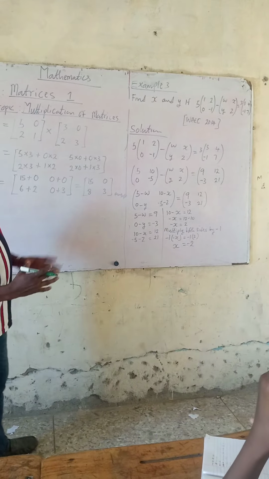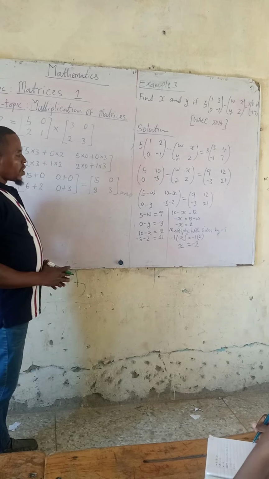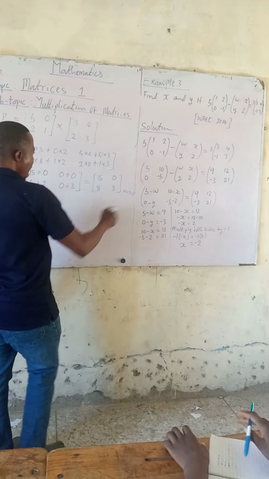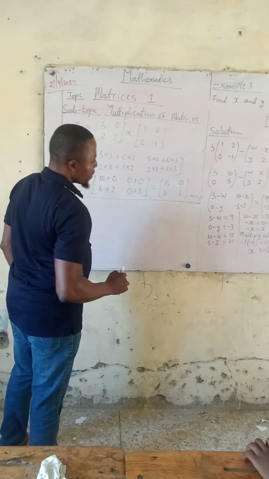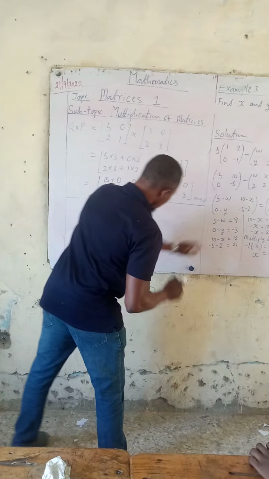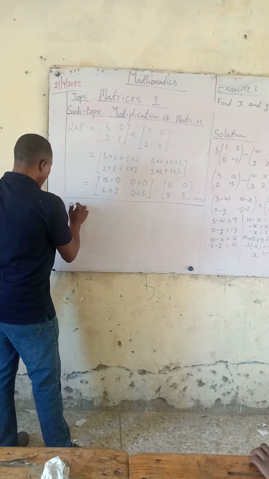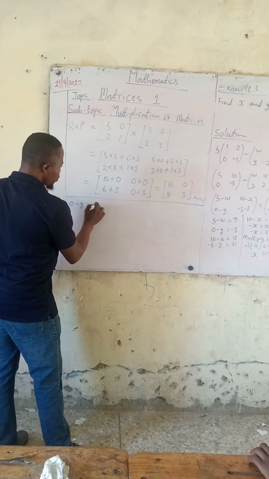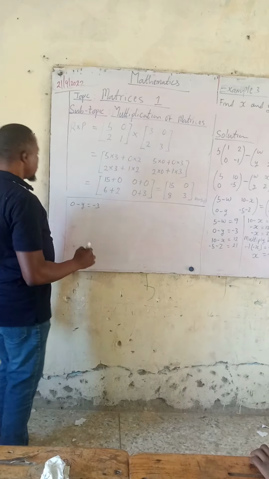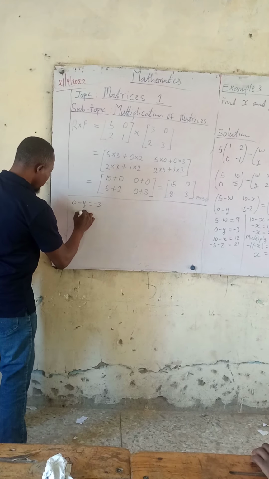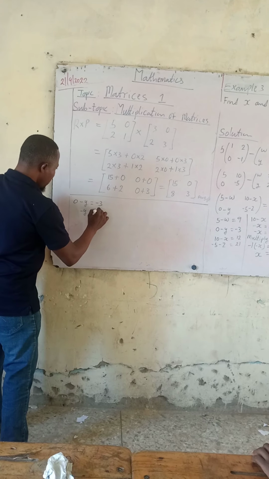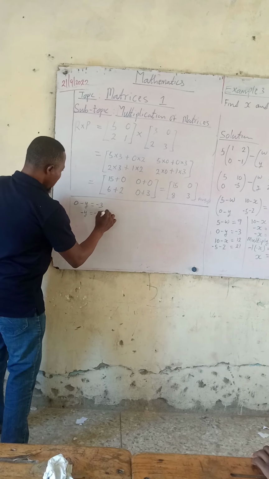So the value of our X is minus 2. After that, let's solve for Y. So we have 0 minus Y equals minus 3. From there, we take 0 to the other side. We now have minus Y equals minus 3 minus 0.